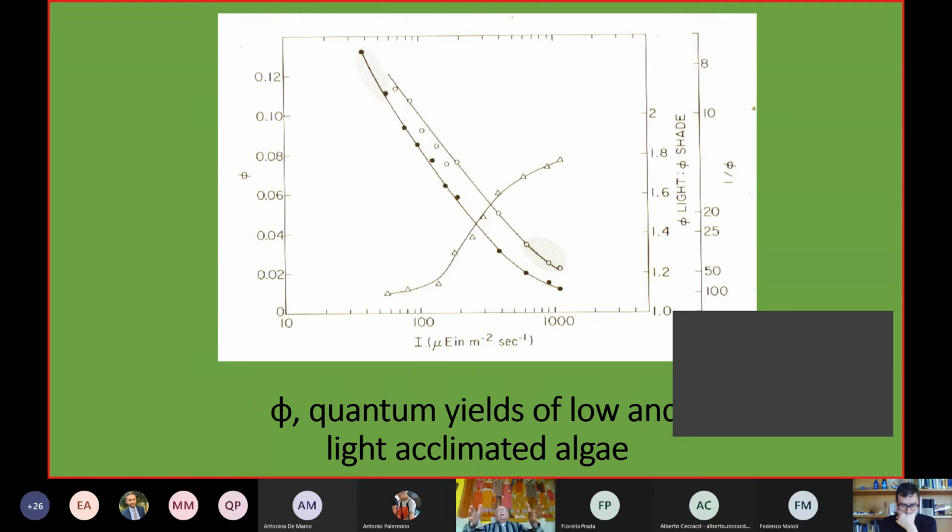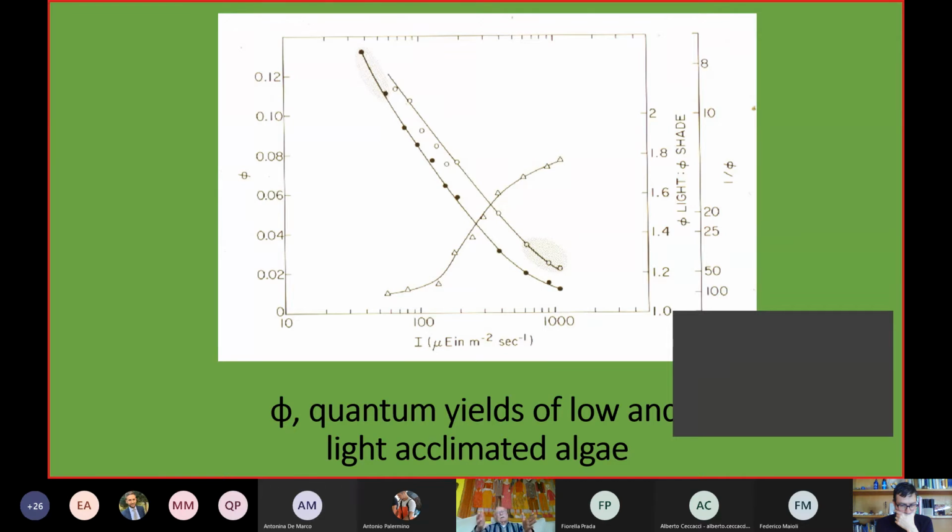If you think of an alga with a lot of pigment and an alga with very little pigment, and they are exposed to the same light, you see that the light can be 100 times higher in the high light grown algae than in the low light culture.